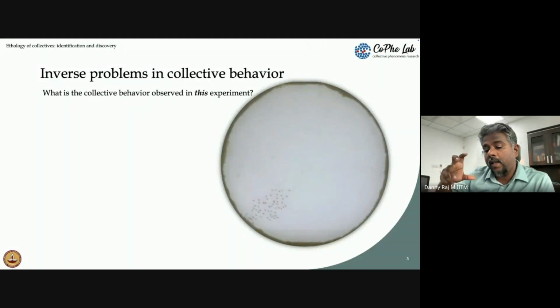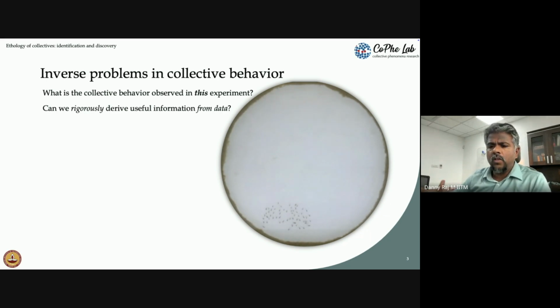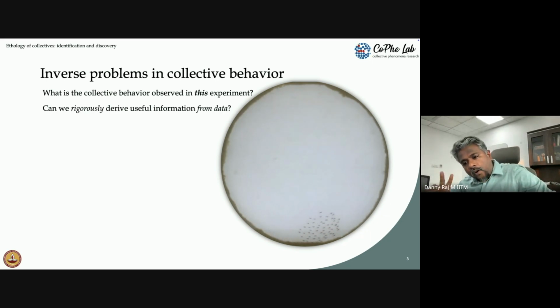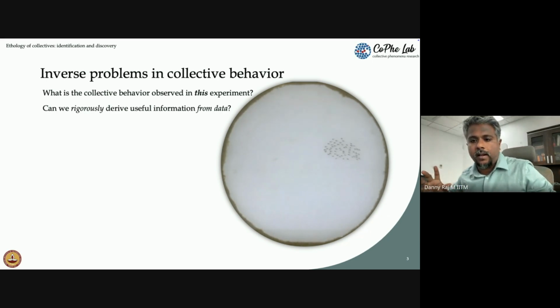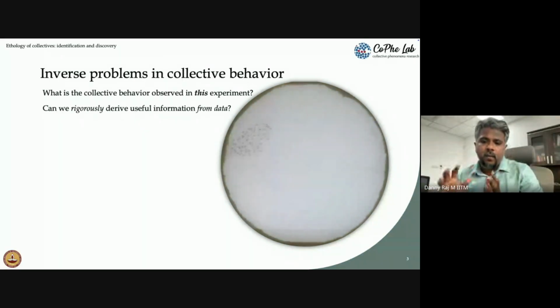So what is a collective behavior inspired from an experiment is different from asking what is exactly happening here. Can we infer that from data? So in some sense, you use data even in the forward simulation to get these rules. You didn't start off in a vacuum. In some sense, you're asking, can we rigorously derive some useful information from data that you can extract from an experiment of this sort?